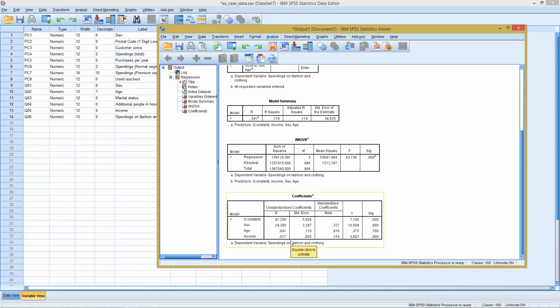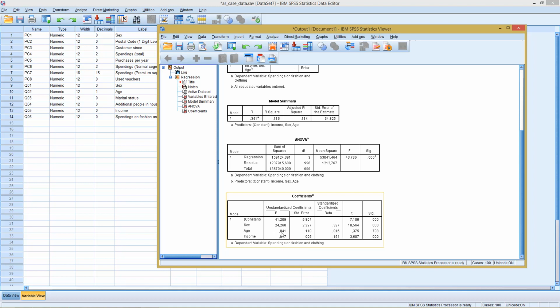Let's start with age and income first, so with the two metric variables. Age increases in steps of 1 year. So we could say for each year that someone becomes older, following this argumentation, he or she will spend roughly 0.041 euros, so roughly 4 cents, more on fashion and clothing.